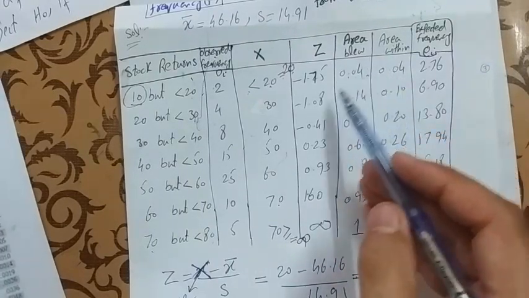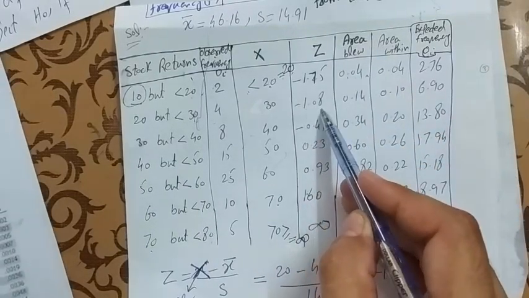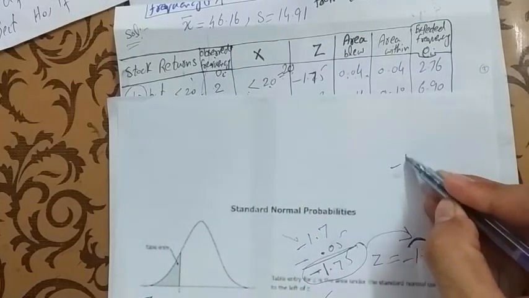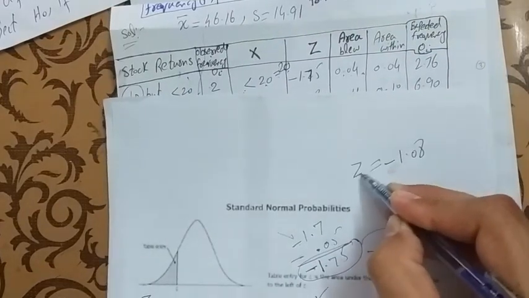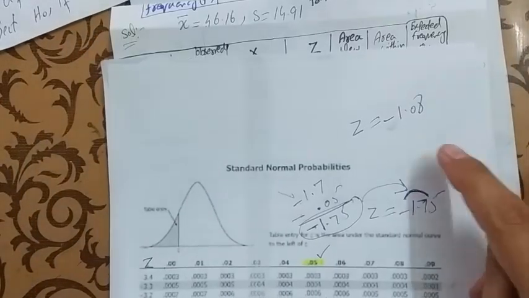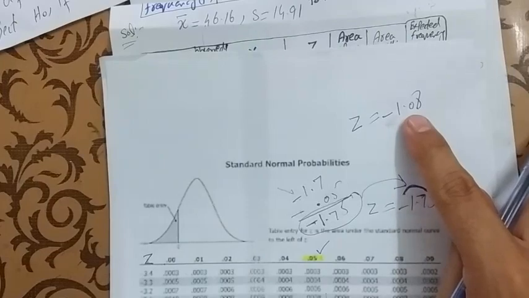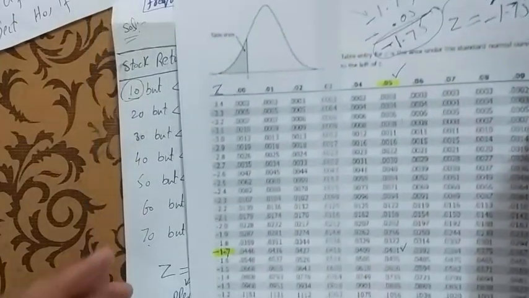Similarly, find the value of z for minus 1.08. First of all, we find minus 1.0 in the column.